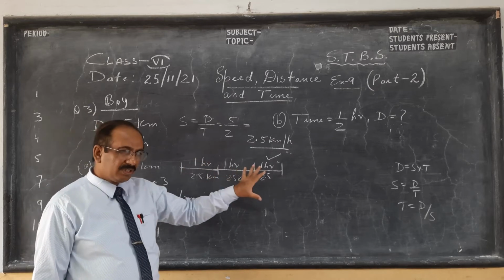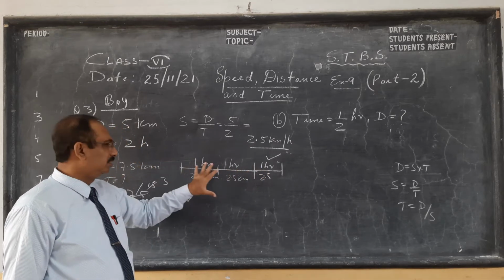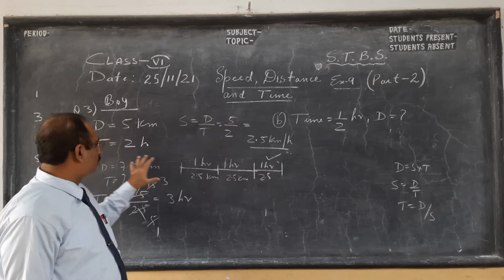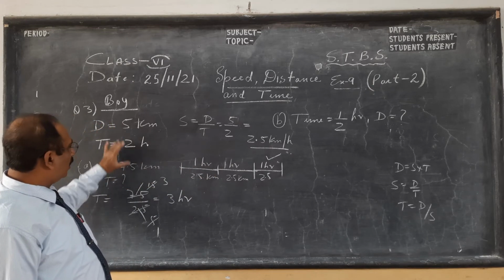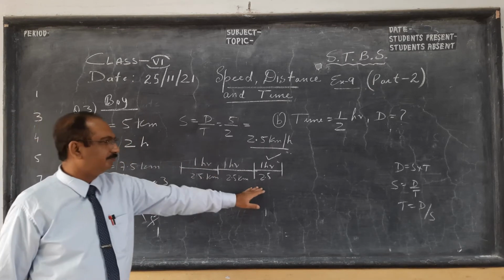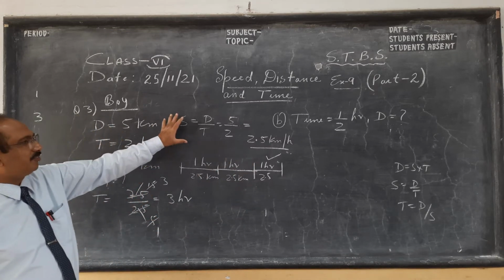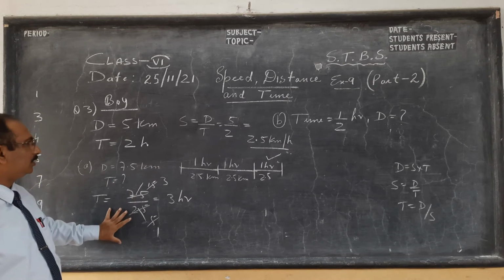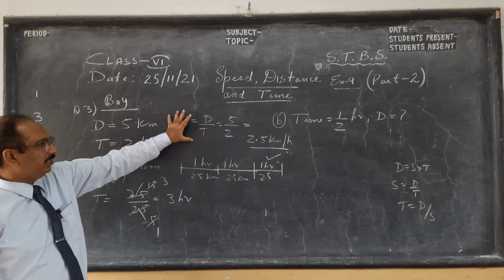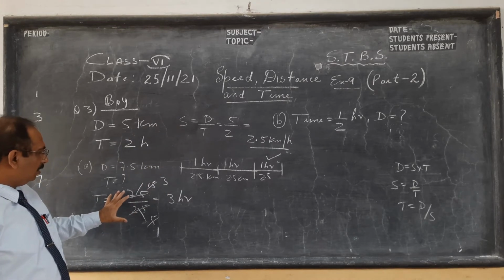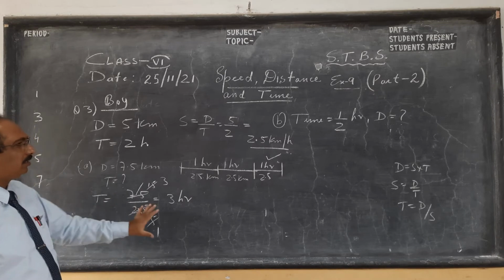So when you know the basic logic of speed, distance traveled in unit time, you will know that for another 2.5 kilometers he needs 1 hour. So anyway, if you have any problem in this, follow the traditional method: find the speed and then come to this. So this is my first part. Speed we get, then we divide distance by speed to get the time.